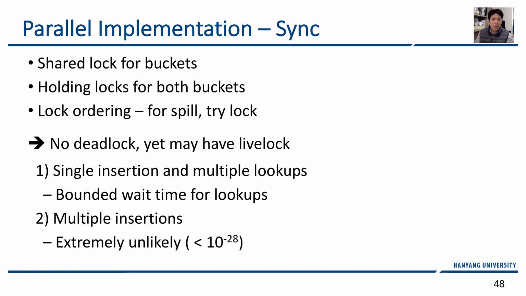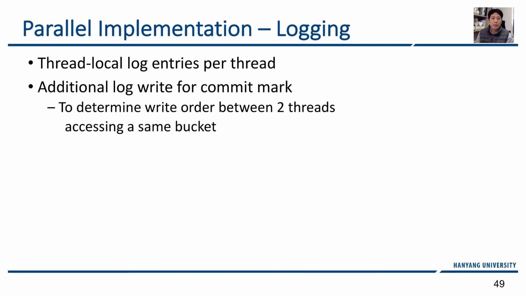For the second one, live lock between multiple insertions, the probability of this is extremely low, lower than memory bit error rate. So we simply ignore this. Again, the details are in the paper. For logging, we need each thread to have its own log entries. Moreover, we need each thread to write an explicit commit mark in the log so that we can determine write order between two threads accessing the same bucket.